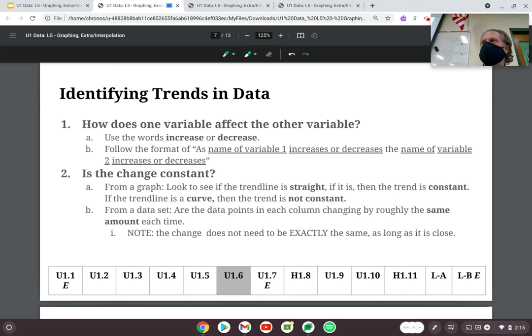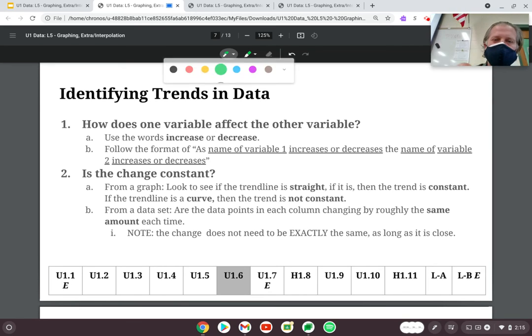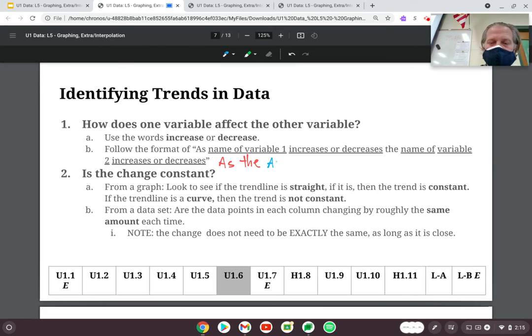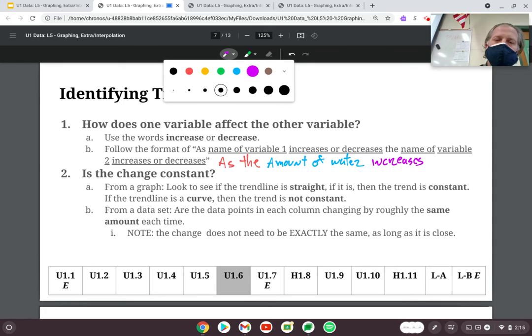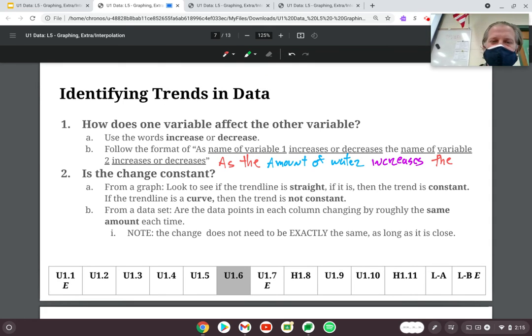So in an effort to get back into the example from up above, I would write something like, as the amount of water increases, the plant height increases.